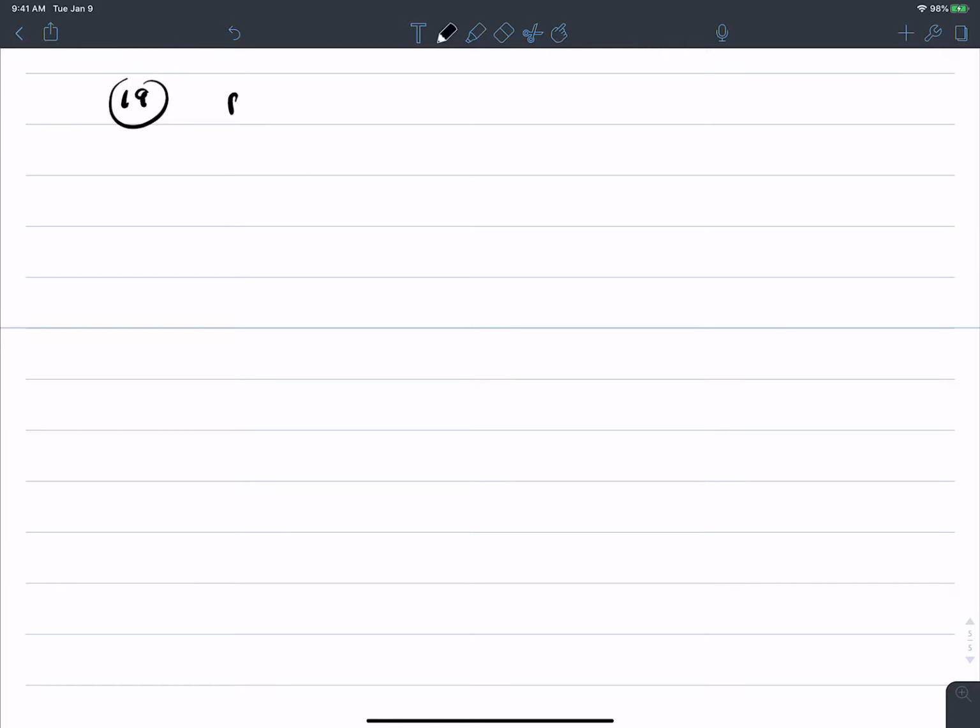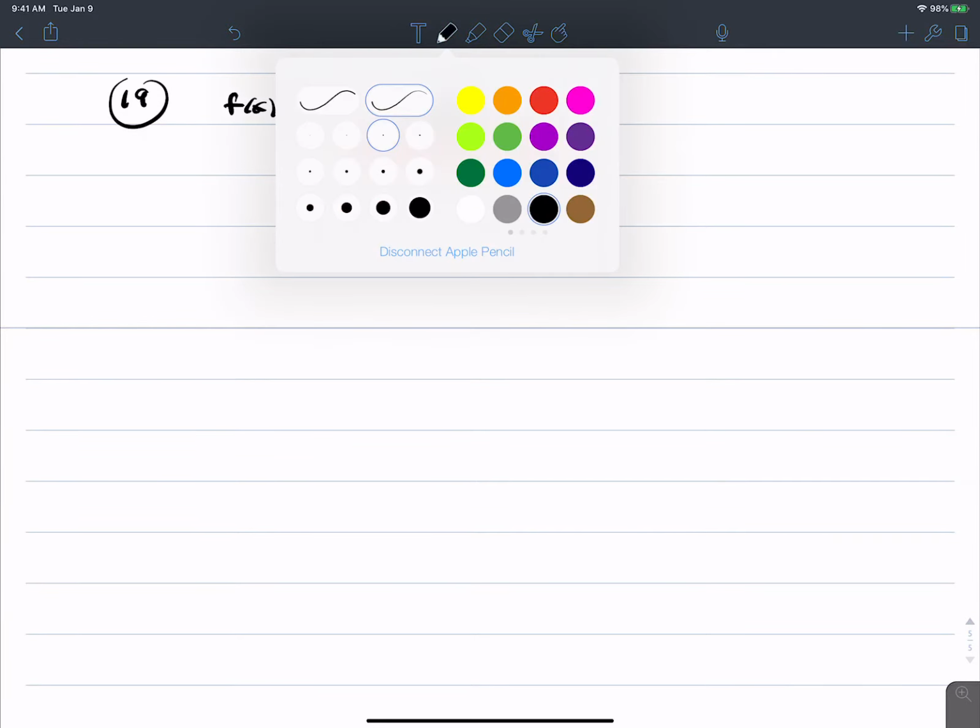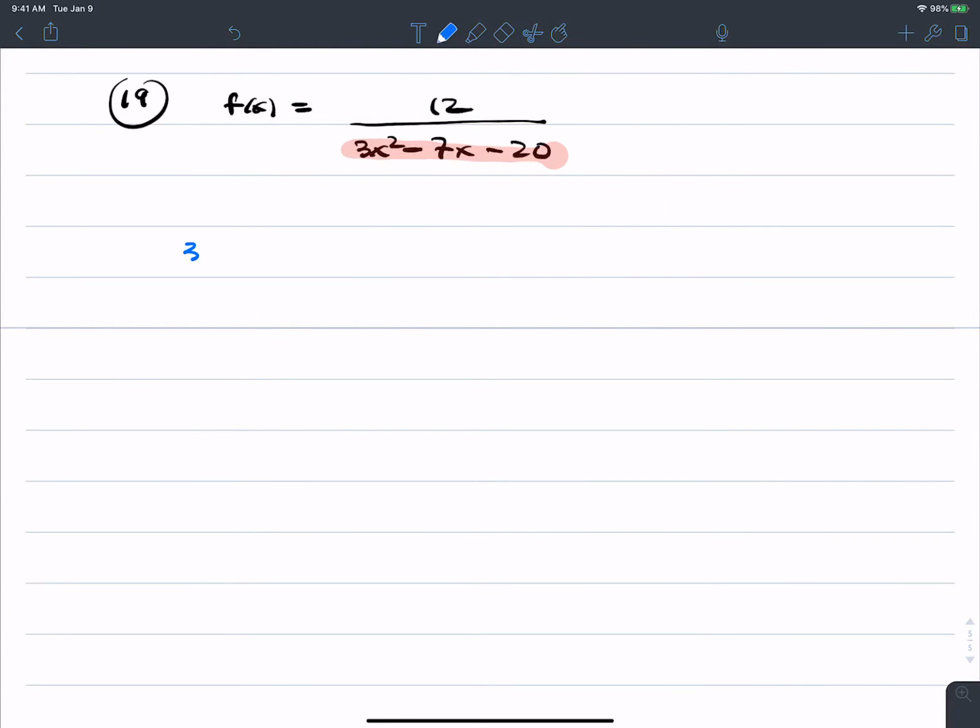Number 19. Our function here is 12 over 3x squared minus 7x minus 20. Again, we set the denominator equal to 0. So when we set that denominator equal to 0, 3x squared minus 7x minus 20 is 0.